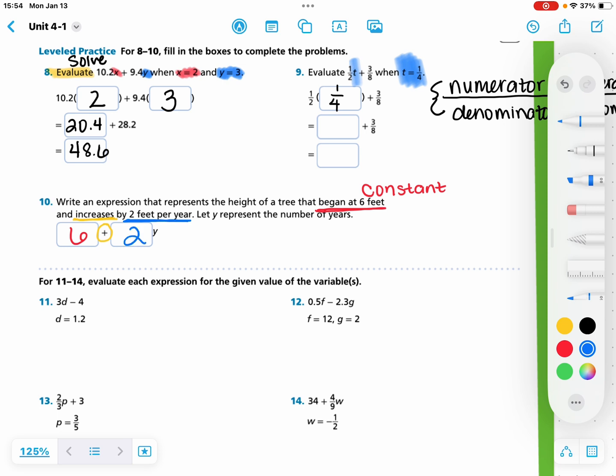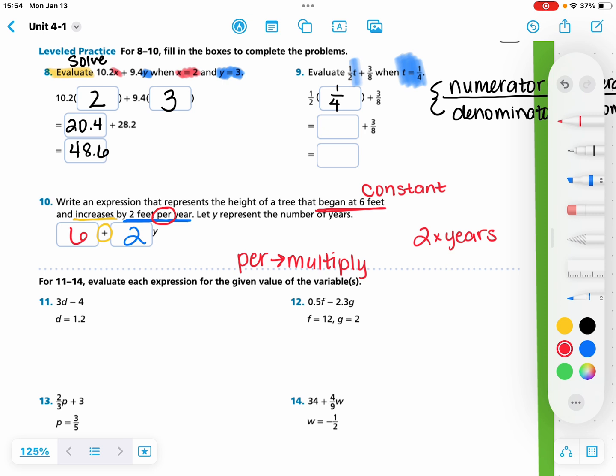Now, the reason why we use 2 times y is because of this per. Per represents multiplication. So 2 feet per year, that's going to be 2 times the amount of years that this tree grows. So after the first year, it'll grow another 2 feet.